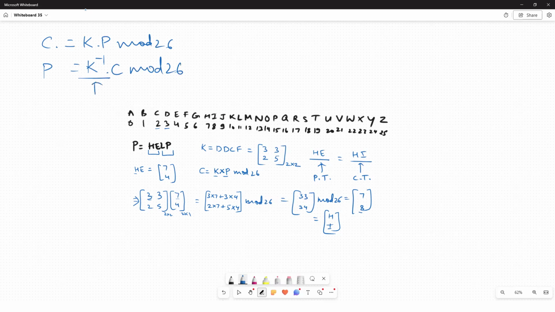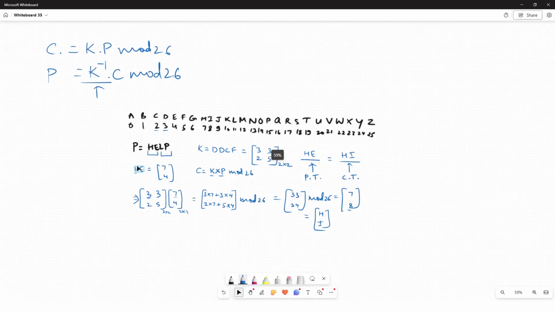So you have to calculate k inverse and multiply with the ciphertext to get back your plain text. And I will solve it for this specific example, which is HI as the ciphertext. So I should get HE as my plain text back again. And if it is right, then it means the calculation that we have done is right.